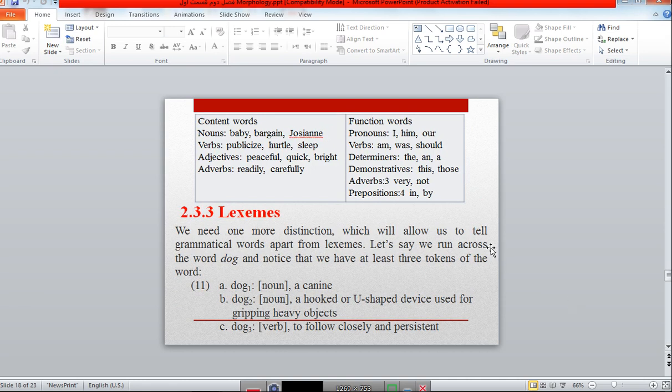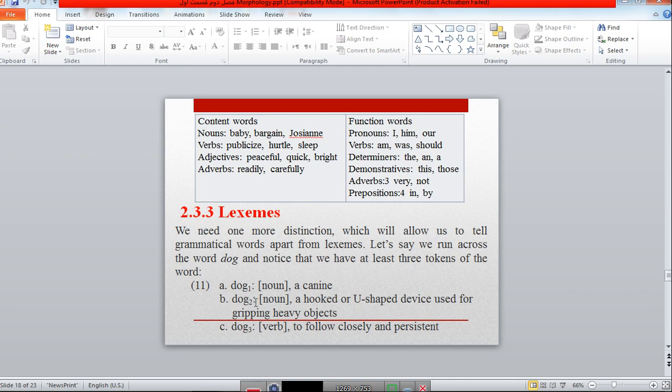is lexeme. What is a lexeme? We need one more distinction which will allow us to tell grammatical words apart from lexemes. Let's say we run across the word dog and notice that we have at least 3 tokens of the word. Look at this example. The first one, dog, is a noun. Meaning is canine.